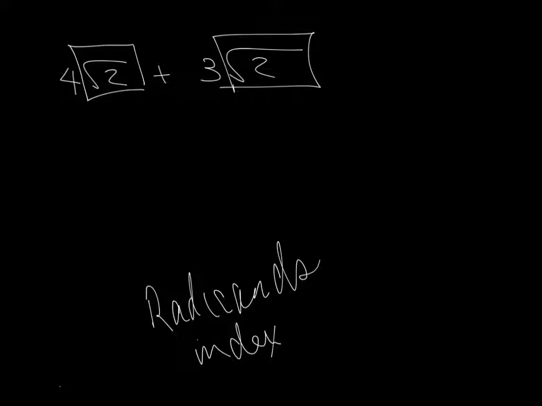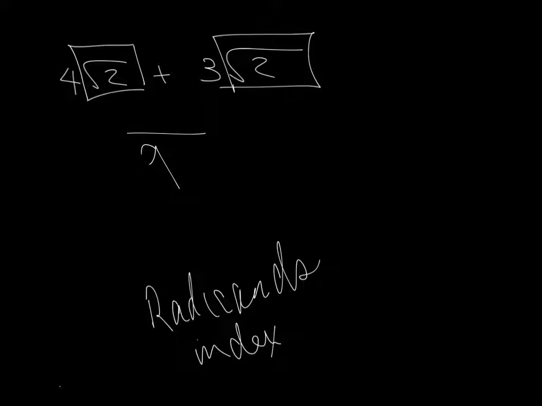So if I have the fifth root of 6, this is the radicand, and this is the index. If we don't have any number in the index position, if we just have something like this, it's assumed that there's a 2 there. We don't put it there, you just know it's a 2.